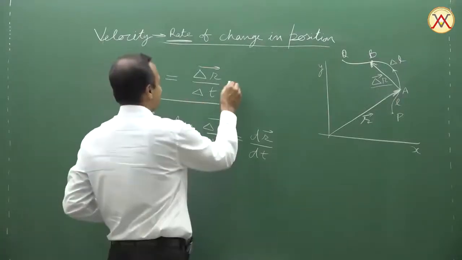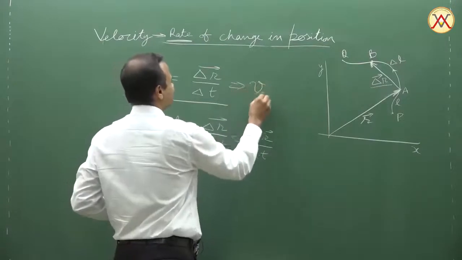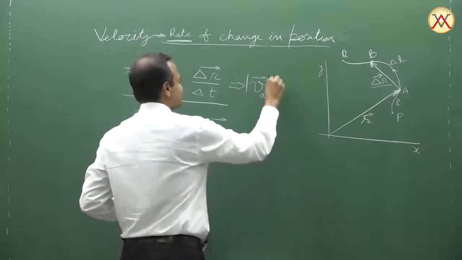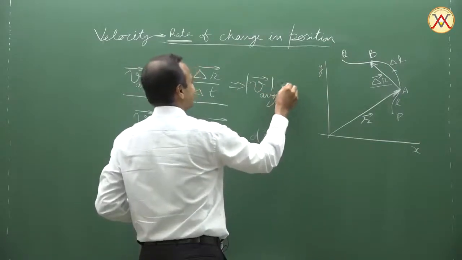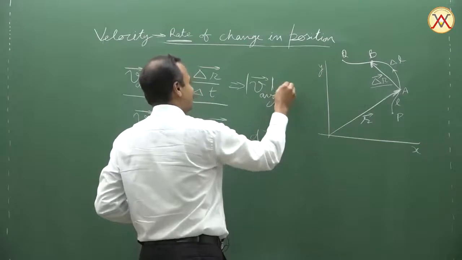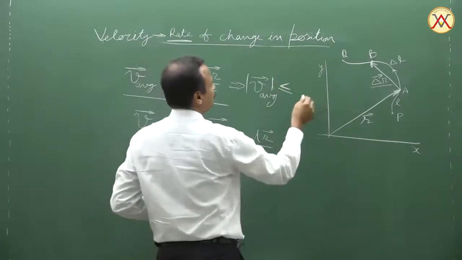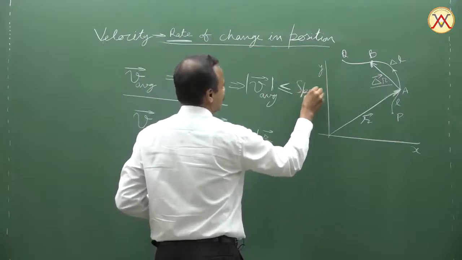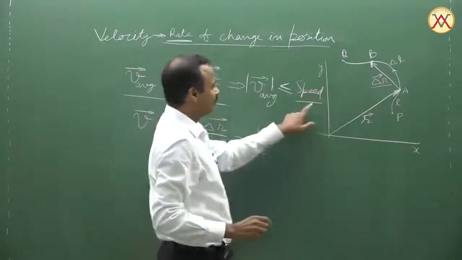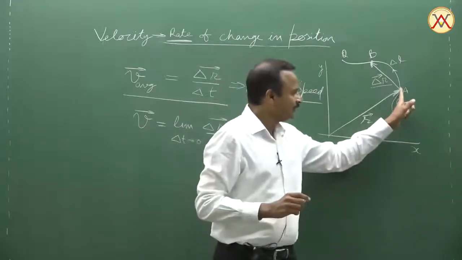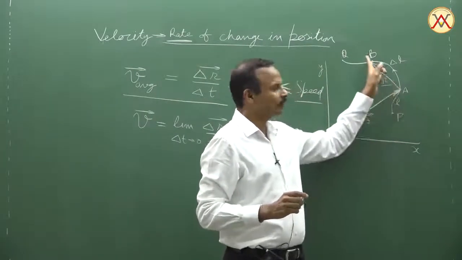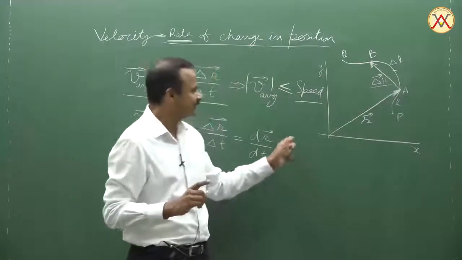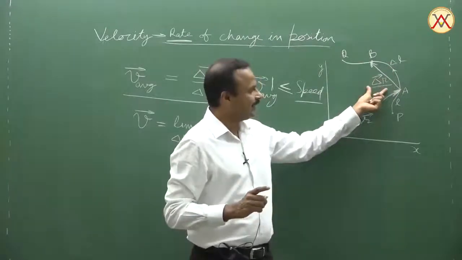If you find the magnitude of average velocity, V average magnitude, this is less than, or it may be equal in a particular case to your speed. It will be equal only if the particle is going straight from point A to B along a straight line path directly from A to B. Only in that case delta L and delta R are equal.